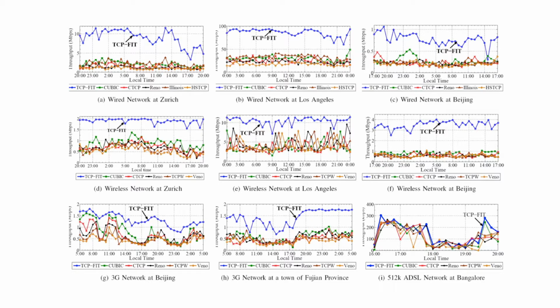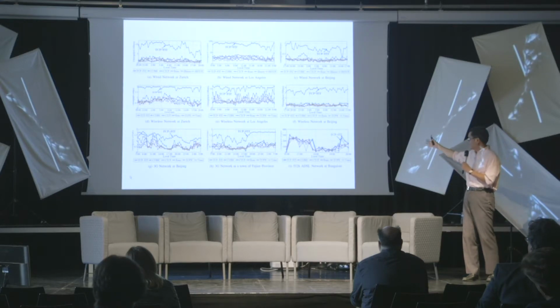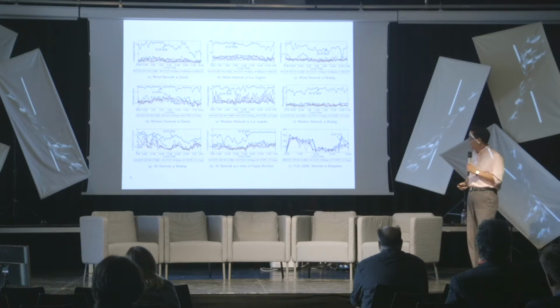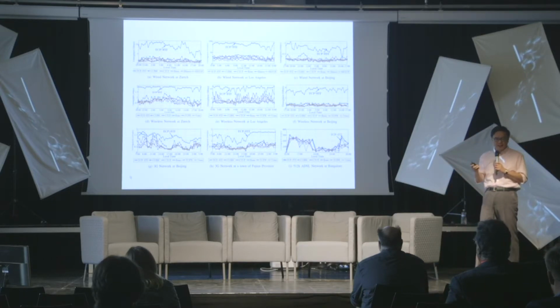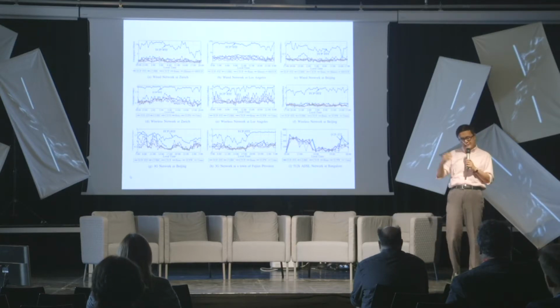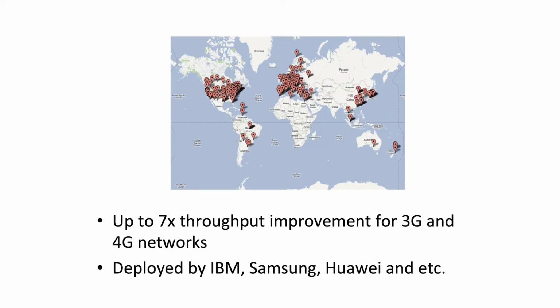Well, here we're showing the throughput comparison between our technology, RayShaper technology, and what is currently being used all over the world at different locations: Zurich, Los Angeles, Beijing, different places, villages in China, and Bangalore, India. What we're seeing is, using the same network and without changing any software other than the TCP congestion control, we can achieve a very significant improvement in throughput, up to 7 times.